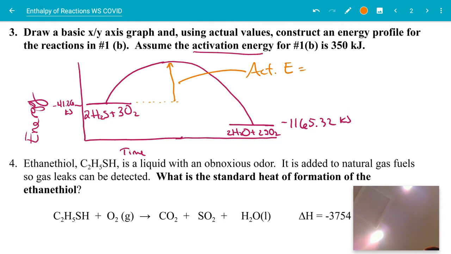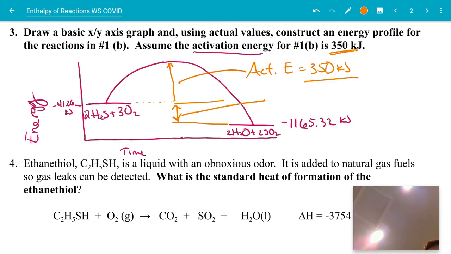And we're going to say that that activation energy, because they just gave it to us, is 350 kilojoules. Then we want to calculate, and this is what we've been doing throughout this whole worksheet, this distance here. It's the change in energy, the change in heat, the change in enthalpy between the beginning of the reaction and the end of the reaction.